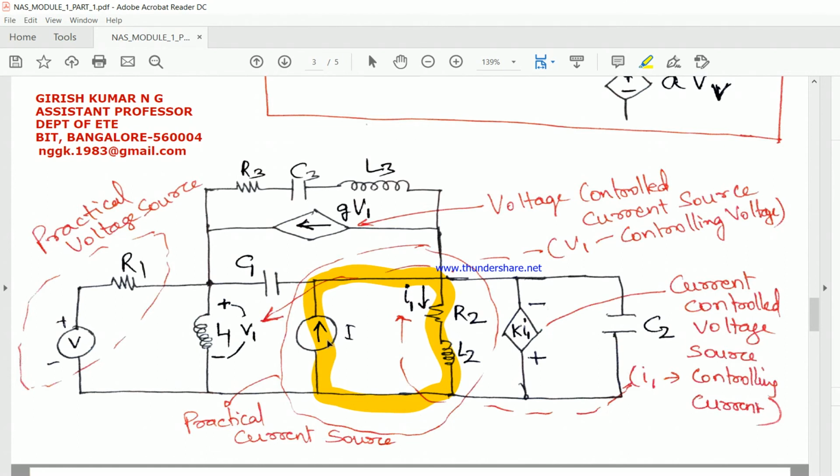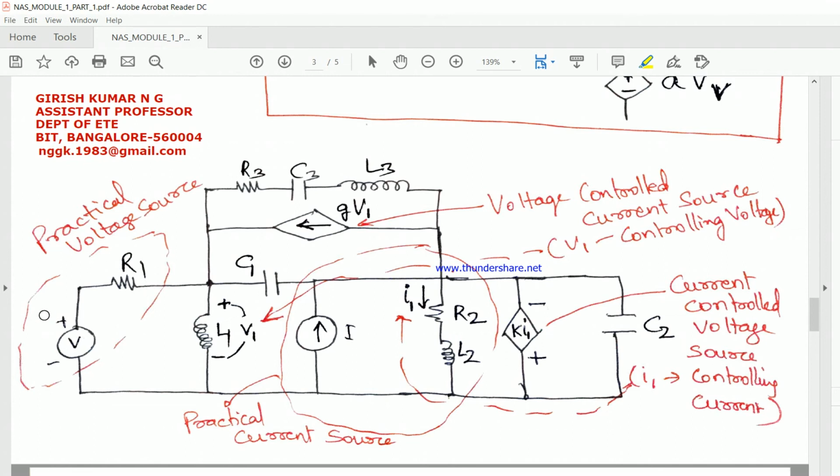Always when there is a current source in parallel with any series combination of resistance and inductance or anything, when you find any branch in series with I, and if that branch has some internal impedance, then that current source becomes a practical current source. I hope you got this concept of practical voltage source and practical current source. And if in the question they give you an ideal source, then don't consider this R1 with V.